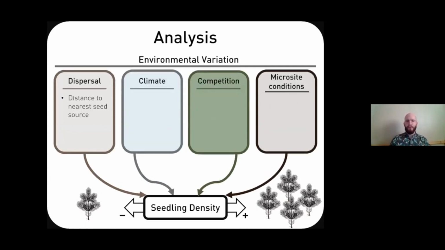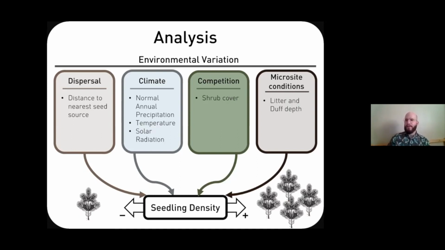For dispersal, we measured distance to the nearest seed source. For climate, normal annual precipitation, temperature, and solar radiation. For competition, we measured shrub cover, and I must emphasize that shrub cover here is at the time of sampling, not the time of planting, so it really is more of a proxy for shrub productivity or perhaps overall plant productivity in that site.